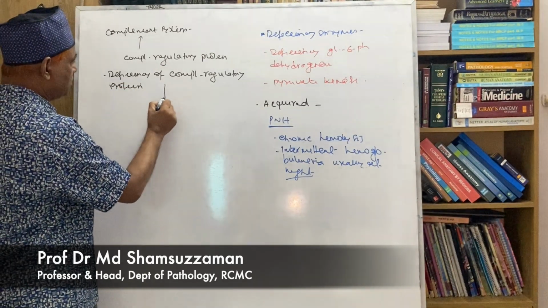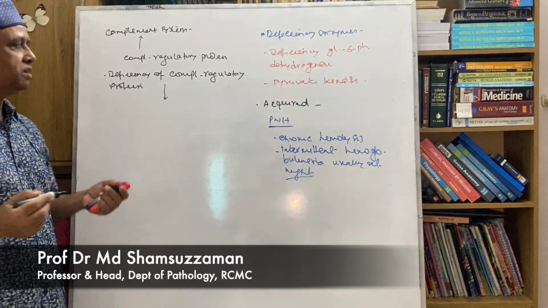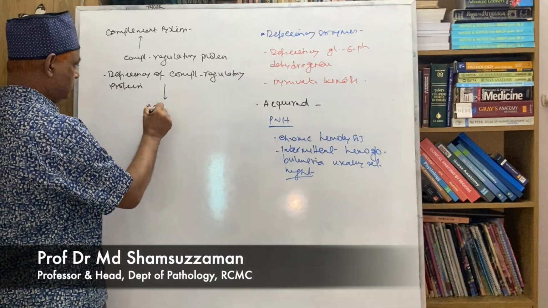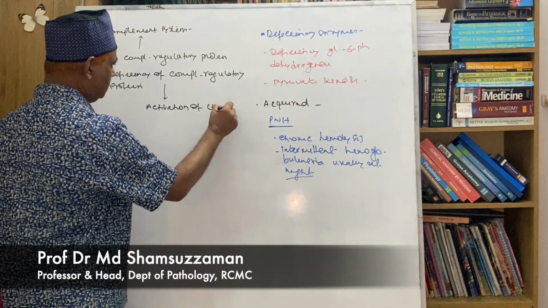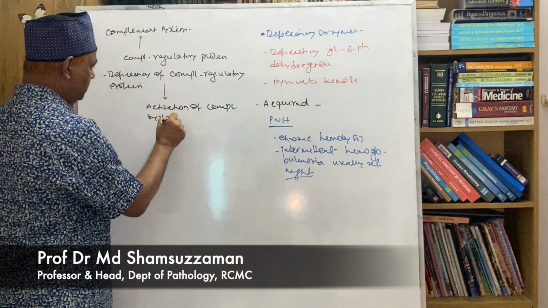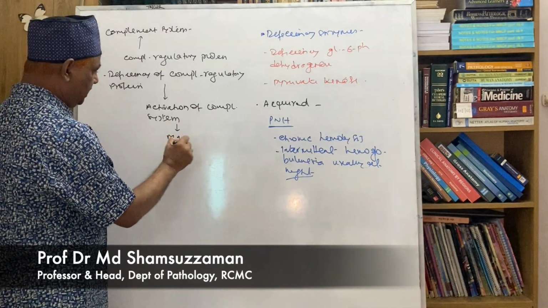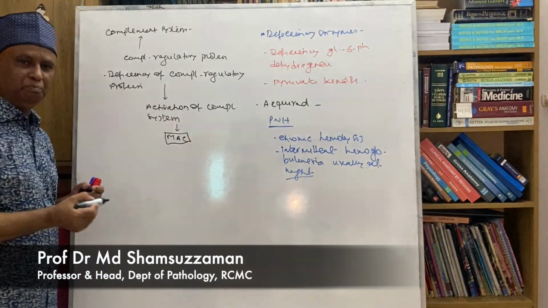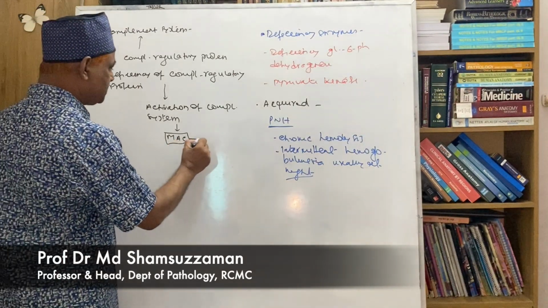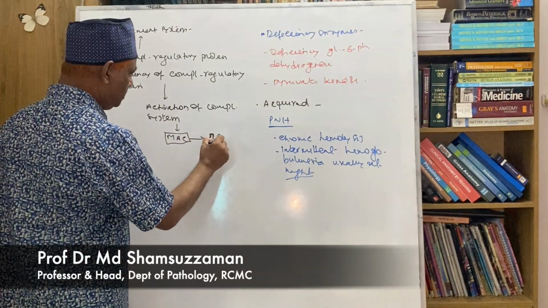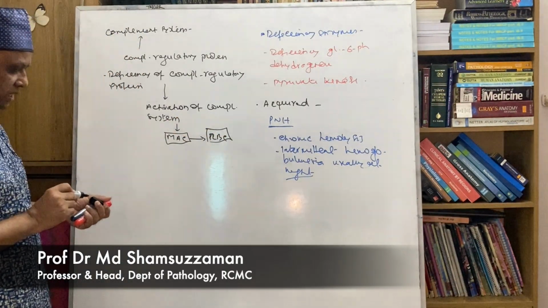The complement is not regulated, so there is activation of the complement system by the alternate pathway, and ultimately there is production of membrane attack complex. Due to production of membrane attack complex, the RBC is affected and undergoes hemolysis. So there is intermittent hemoglobinuria in PNH.